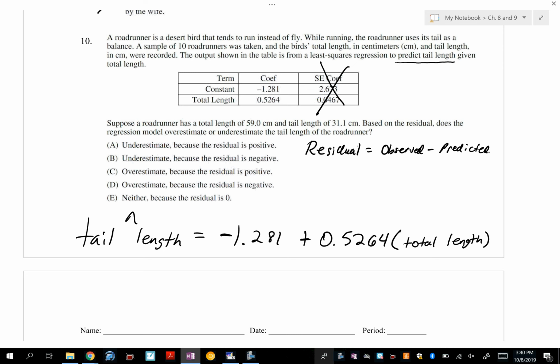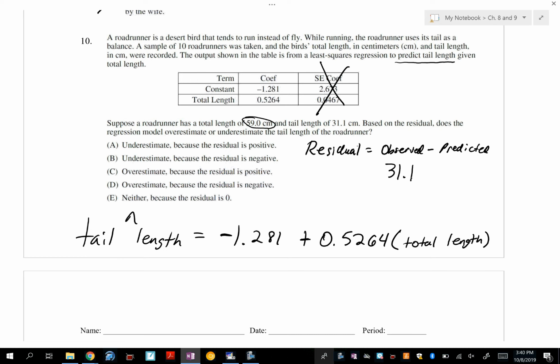It says, suppose a roadrunner has a total length of 59 centimeters. Total length is my x. But that's not any of my y values. And tail length of 31.1 centimeters. That's my observed data value. It's not what I plug in, but that's what I put into my observed value for my equation.